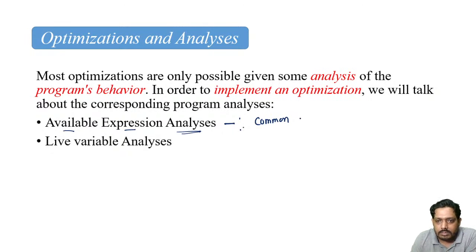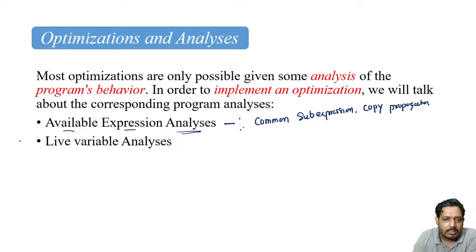So common sub expression elimination, that was the theory part, this is the algorithm part, how we are going to do this. For common sub expression and copy propagation, we will do the available expression analysis, and live variable analysis, which is liveness analysis, is also written in our syllabus.